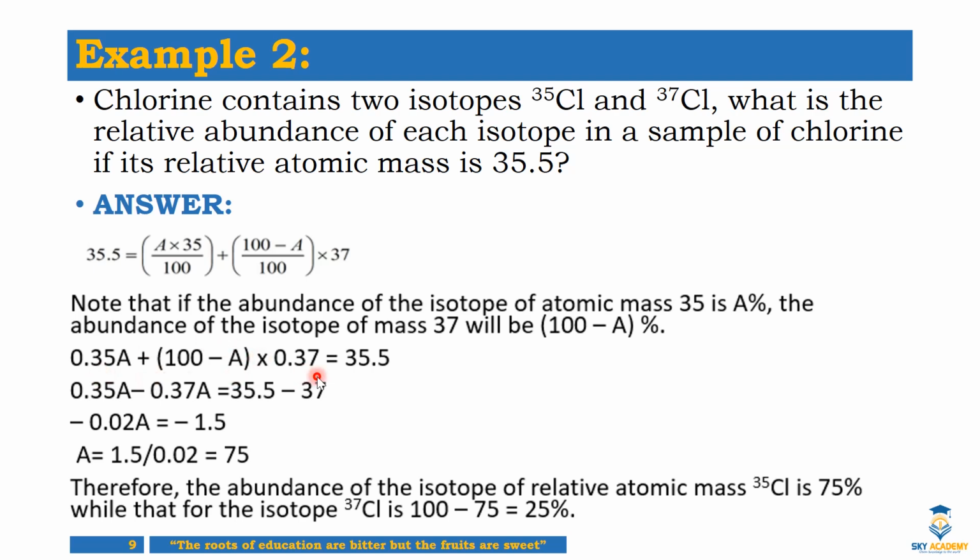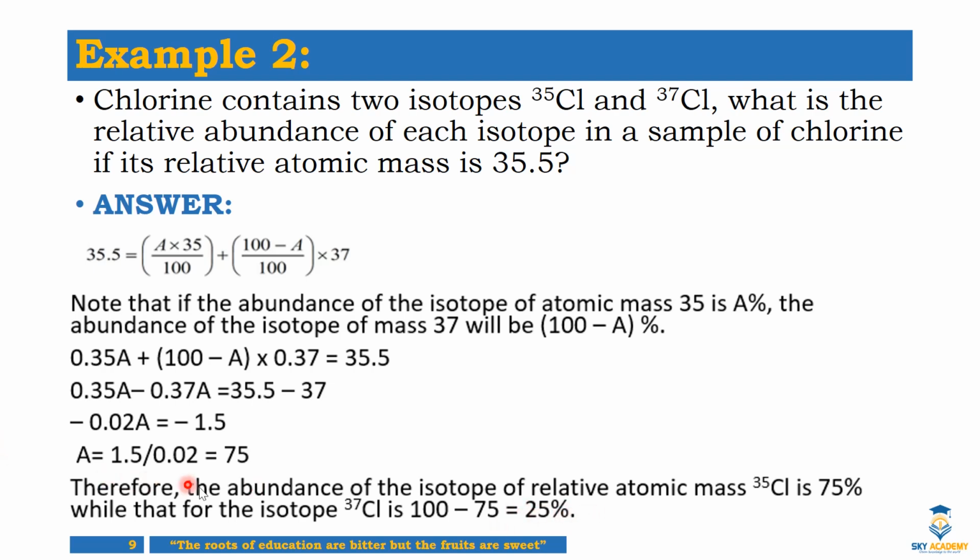So you calculate; this is a mathematics question. Then you work it out in order to get this abundance. This is a simple calculation. Yes, the abundance 1 would be equal to 75. And abundance 2 is equal to 100 minus the abundance 1, so we take 100 and subtract the abundance 1 in order to get 25%.